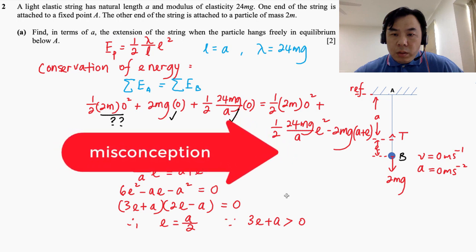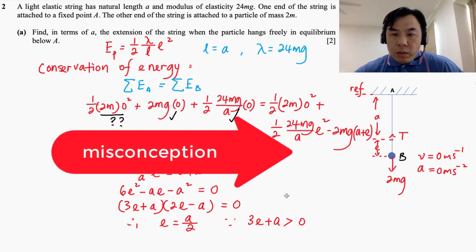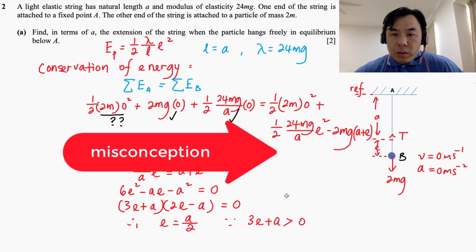If it was released from rest, then our equations would be correct, and the extension would be half a A. Nothing wrong with that. It would extend more as compared to the answer that we have already obtained, which is A over 12 there. The correct answer is A over 12.